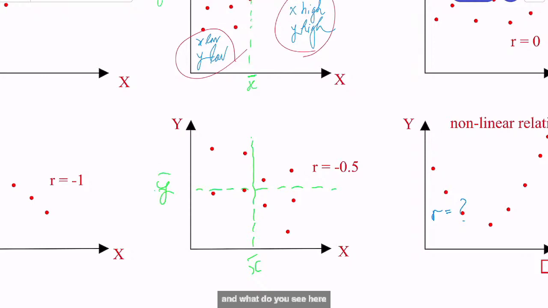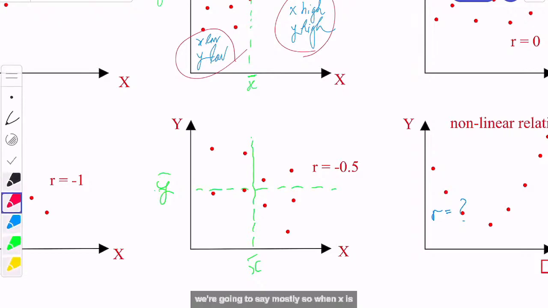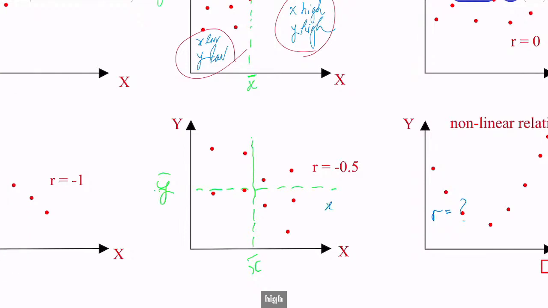And what do you see here? It's not so great, right? It's all over the place. But we're going to say mostly. So when x is high, where is y? So when x is high, where are most of the values of y?